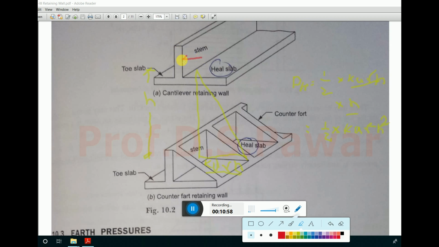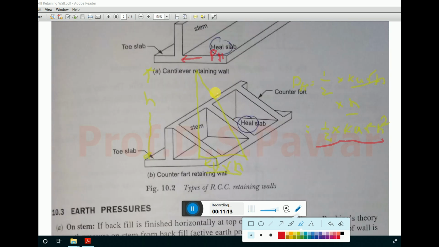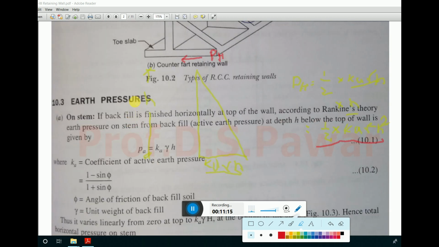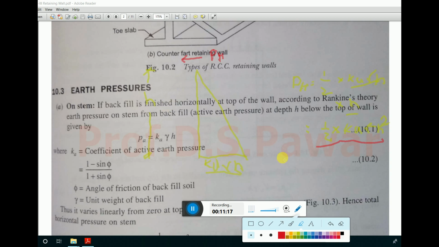So this value is due to soil. So this is nothing but pH, and this value is 1 by 2 into Ka into gamma into h square. So this is the total earth force going to act on the retaining wall.